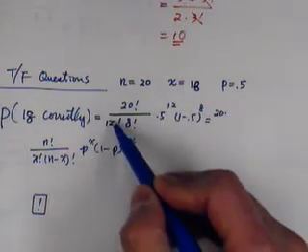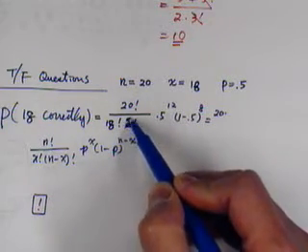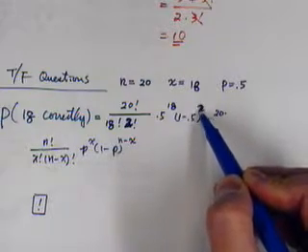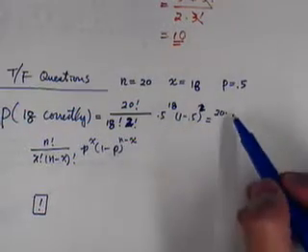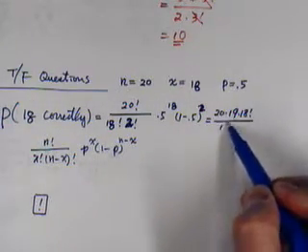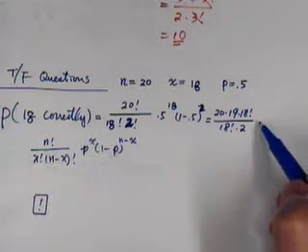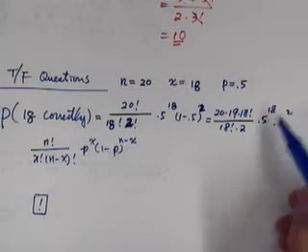Then this will be 18, and this will be 2 again. Because of that, the calculation will be easier. It'll be 20 times 19 times 18 factorial over 18 factorial times 2 factorial, which is 2. Then we have 0.5 raised to the 18, and 1 minus 0.5 is 0.5 raised to the second power.